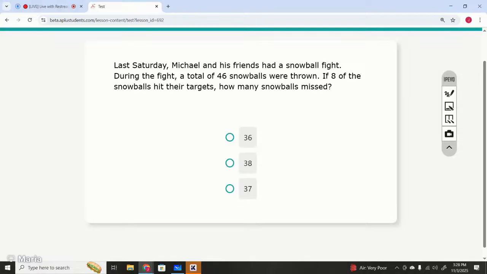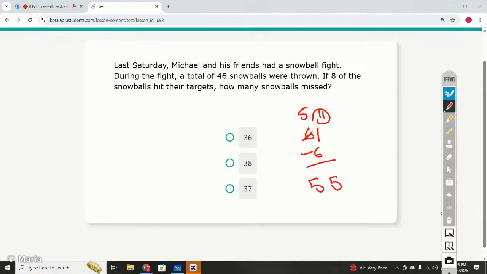If 8 of the snowballs hit their targets, how many snowballs missed? So 46 minus 8.